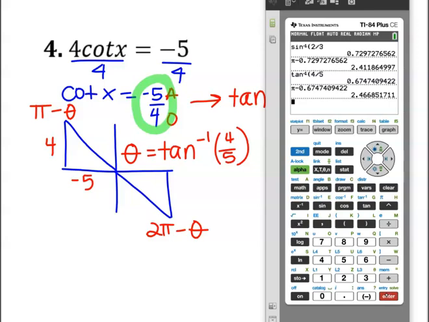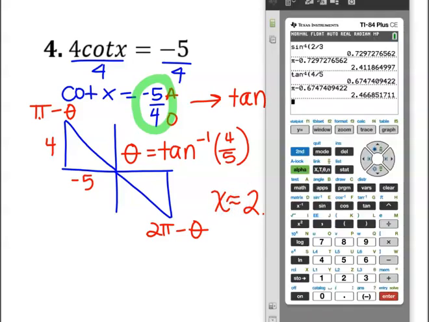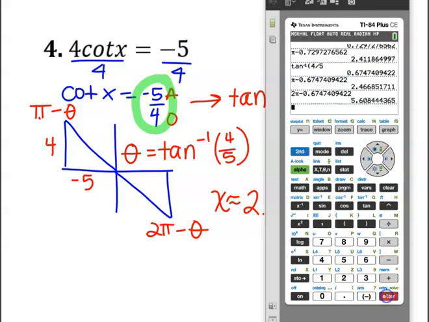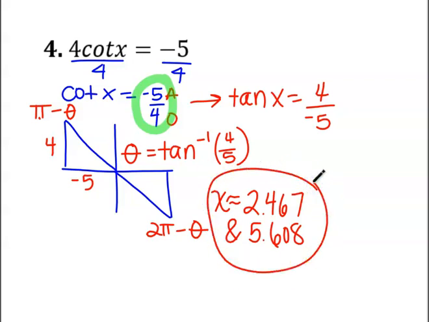There's one of our solutions. 2.467 for this solution right here. And then I do 2 pi minus that angle right there. 5.608. Oops, already have too many minus signs. There are 2 solutions.